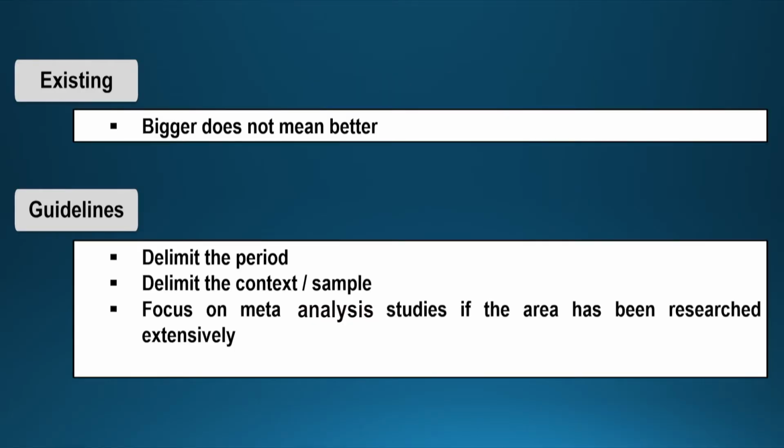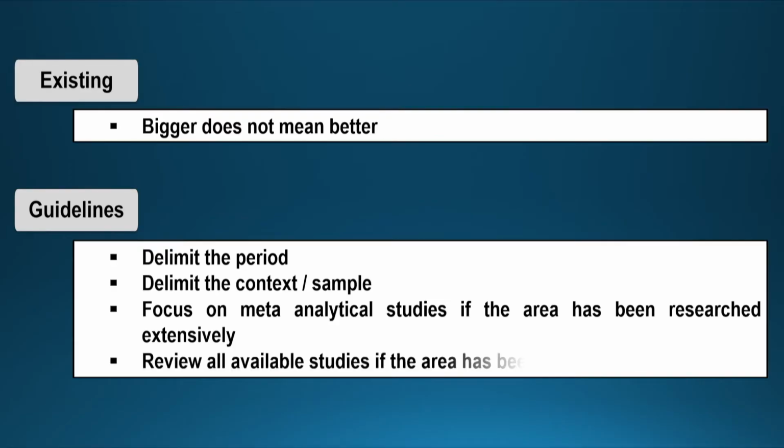Another very important point which can be taken into account is, if the area has been extensively reviewed, then the researcher can locate meta-analytical studies and use them in the review of related literature. That will help in synthesizing the research easily.